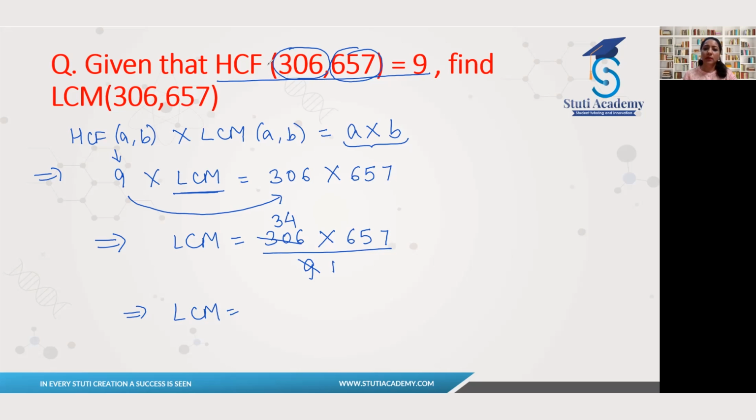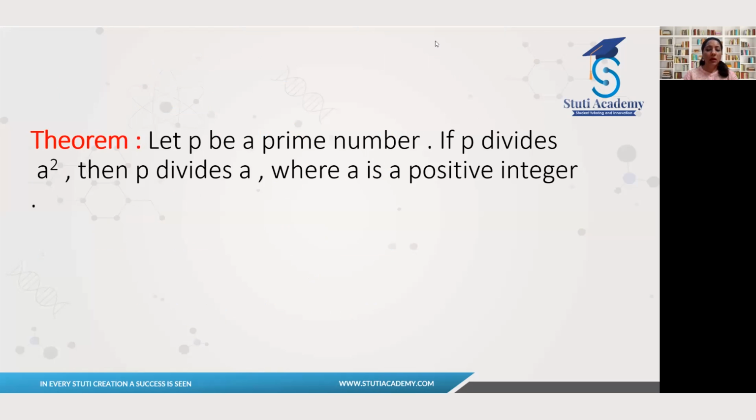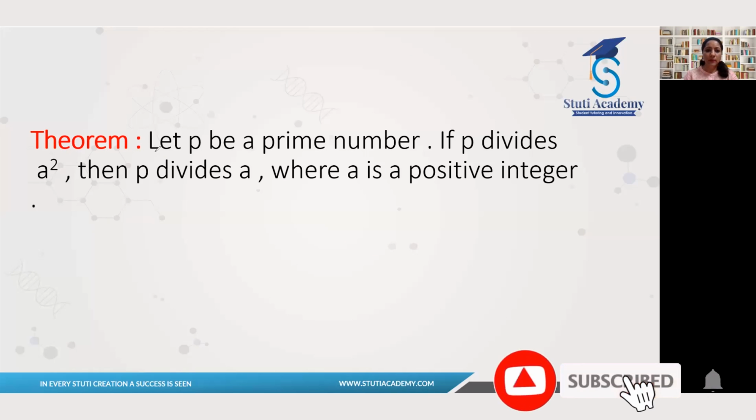Now we have 34 into 657. Now the LCM is 34 into 657. That is 22,338. So the LCM here in this case is 22,338.